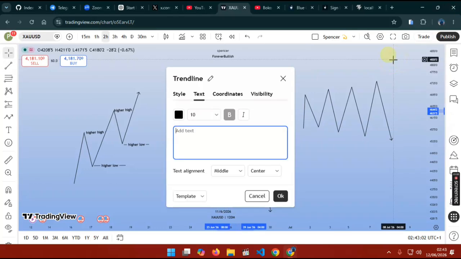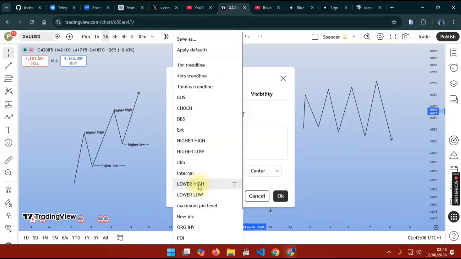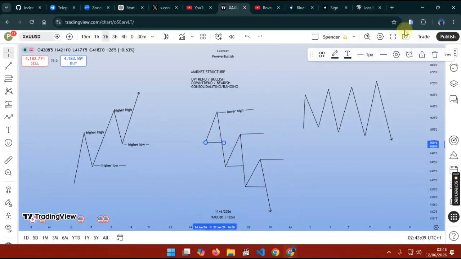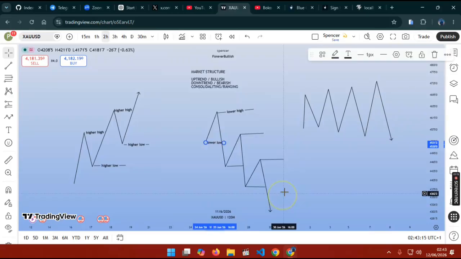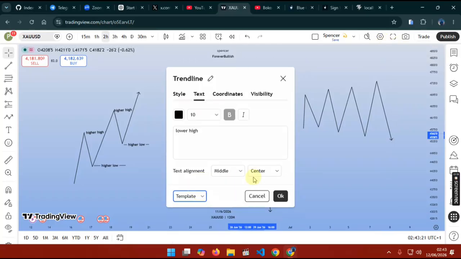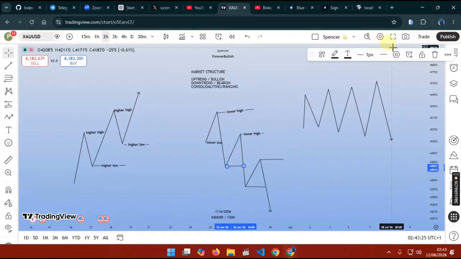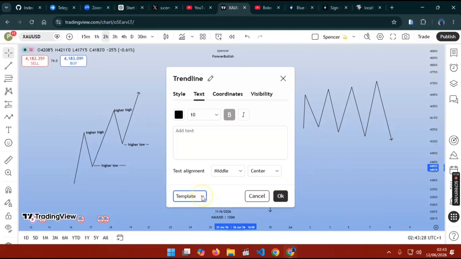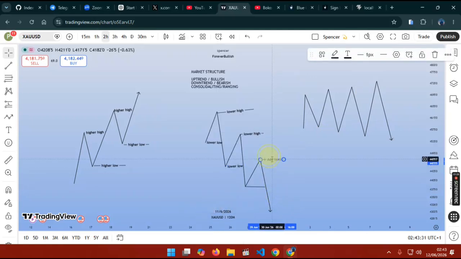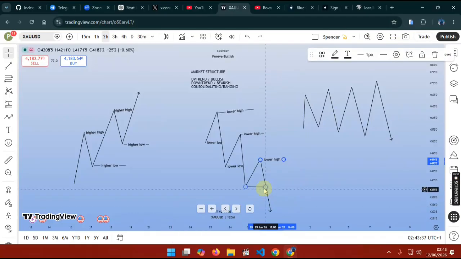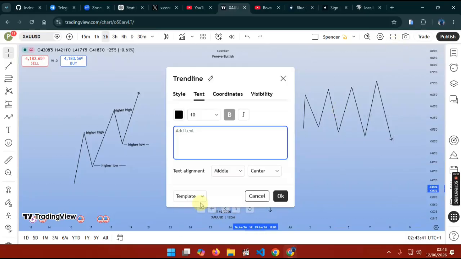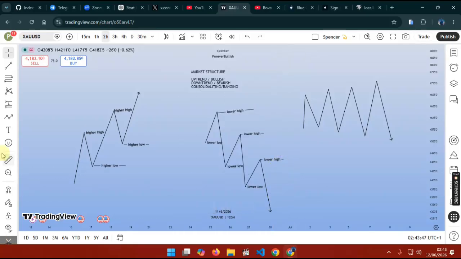The same goes here: lower high, and the same goes here too, we have lower high, and that's it for our bearish market.